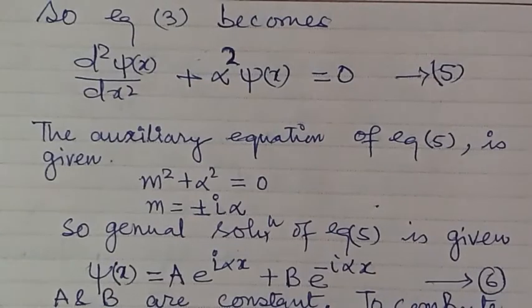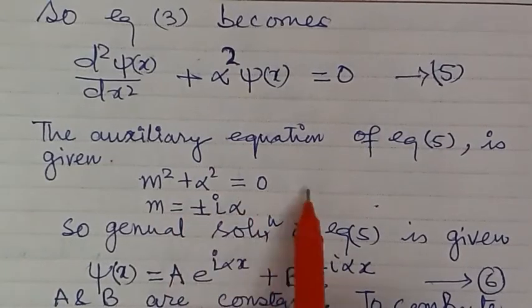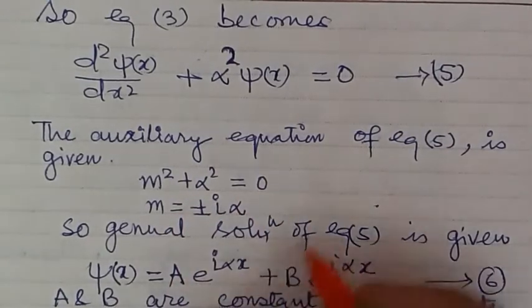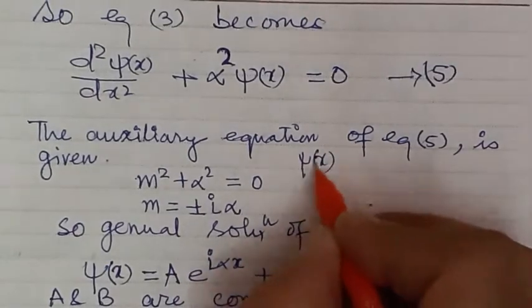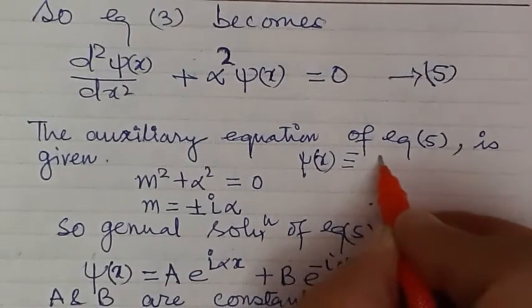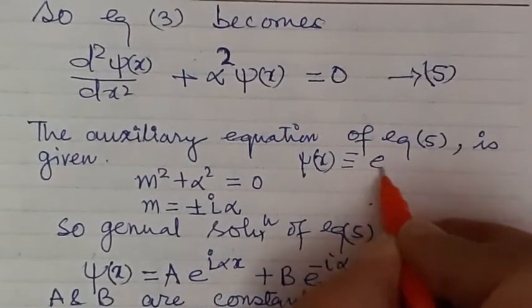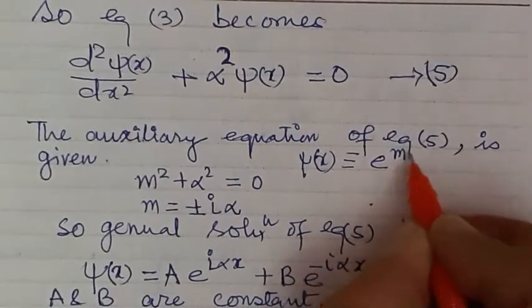To solve this equation, we have an auxiliary equation m square plus alpha square is equal to 0, where the auxiliary solution is psi(x) directly proportional to e raised to the power mx.